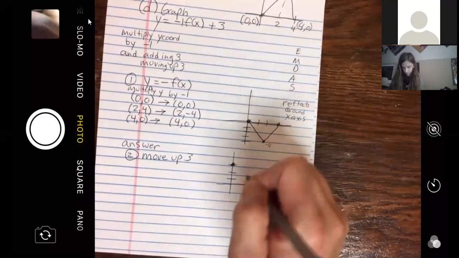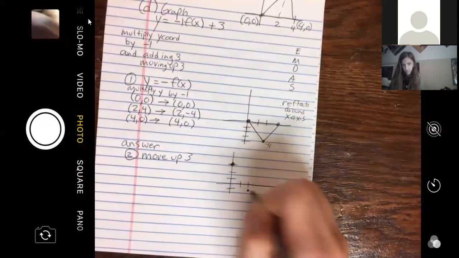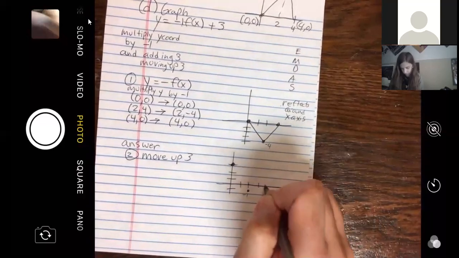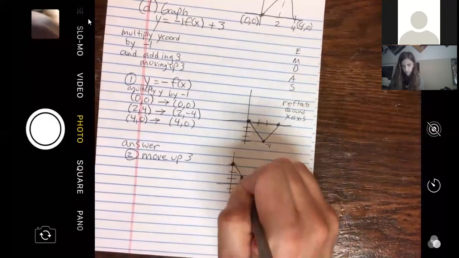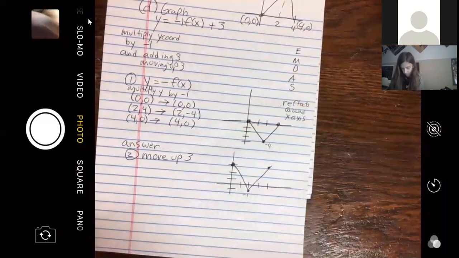Up 3 would put it at negative 1. 2 over, at negative 1. And then 2 over from that, that goes up 3. That should match the answer in the back of the book. You just cannot do these things in random order. If you get out of order, they're not correct.